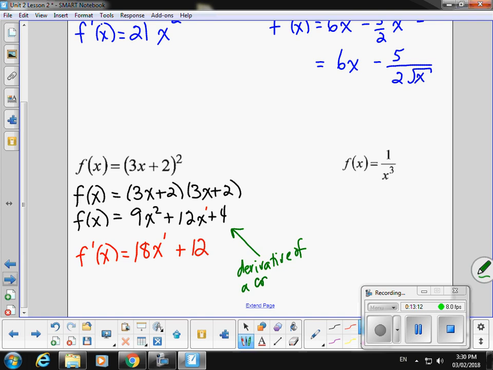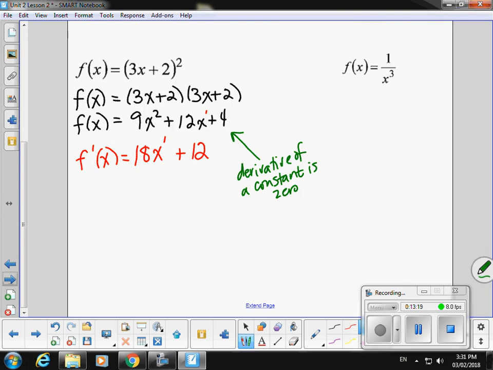Derivative of a constant is 0. If you want to write it down, you certainly don't have to, but 4 is the same as 4x to the 0. So if you bring the 0 down, you have 0 left over.